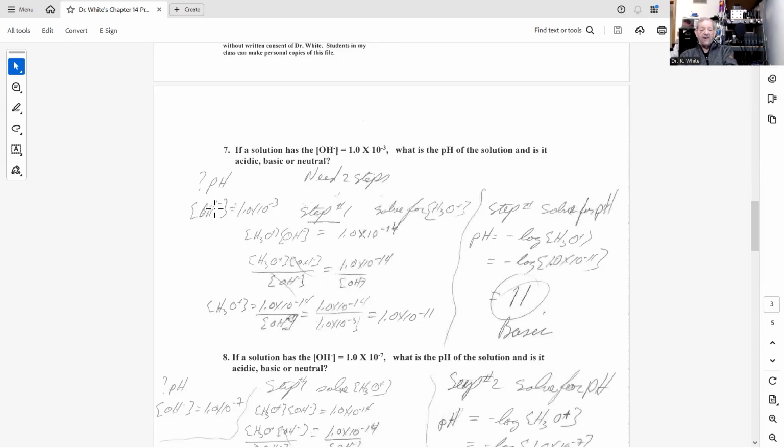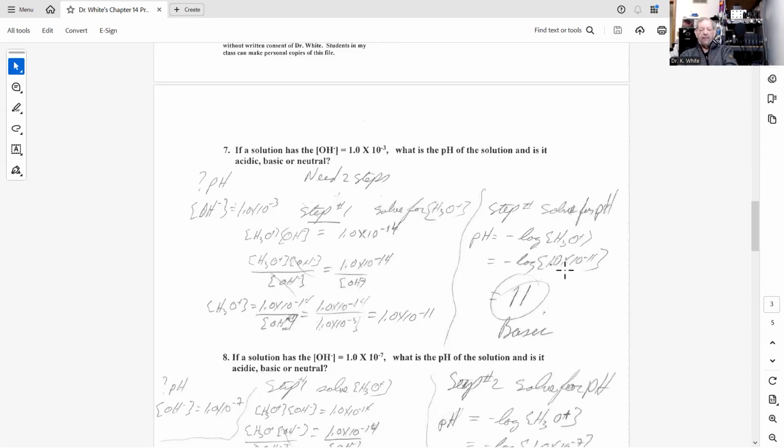Are we done? No, that's not the pH. Second step. Solve for pH. pH, you should know, is minus the log of the hydronium ion concentration, H3O plus. In this case, we just figured out the H3O plus concentration is 1.0 times 10 to the minus 11.